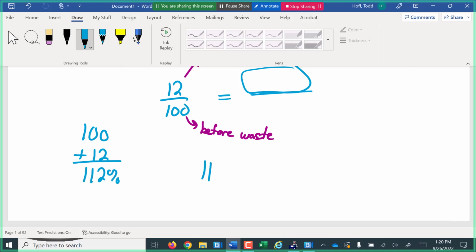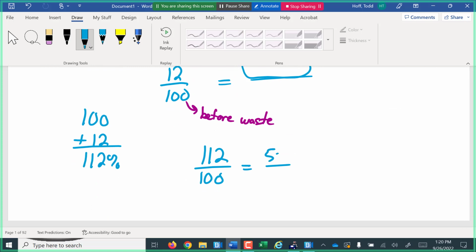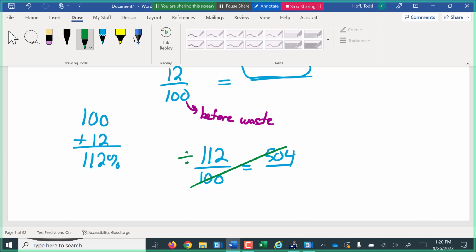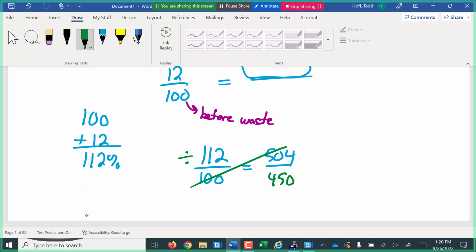So that's what we're looking at, 112%. 112 over 100. And of course, the 504 was after waste. That goes with the 112. And we'll cross multiply and divide. So 100 times 504 divided by 112, and we get 450 studs.